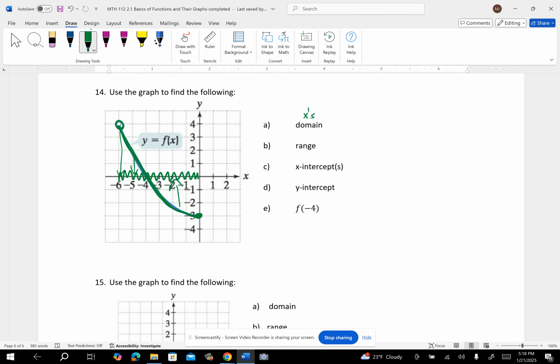So that would be from -6 to 0. Now, what I would put on either end, the -6 had an open circle, so I'd put a parenthesis. Right here, I have a closed dot, so I'd put a bracket. So we're saying all the numbers from -6 to 0, including the 0.